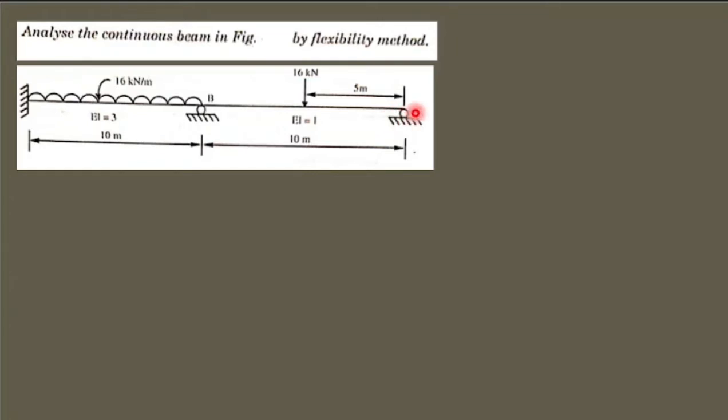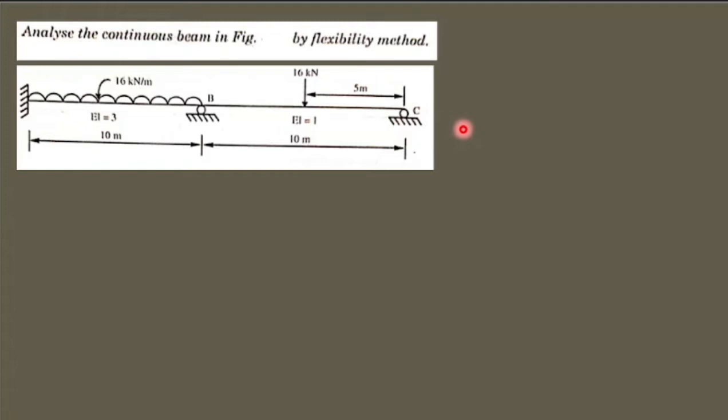First, you can find the redundancy. In the first module, I have given the formula. How many support reactions are here? Fixed end has 3 reactions. Roller has 1 reaction. So if you add 3 plus 1 plus 1, how many support reactions will there be? 5. Totally 5 reactions minus the number of equilibrium equations.